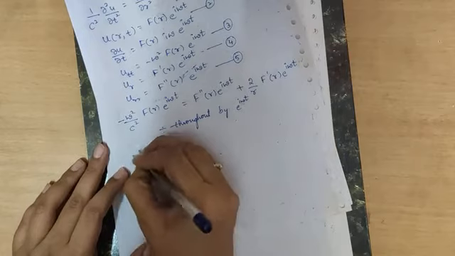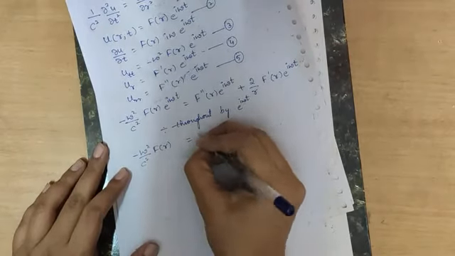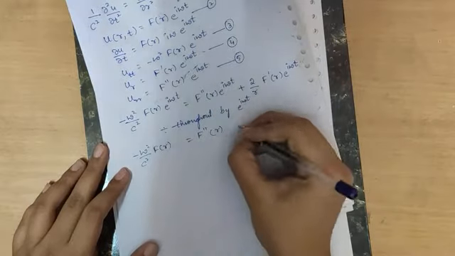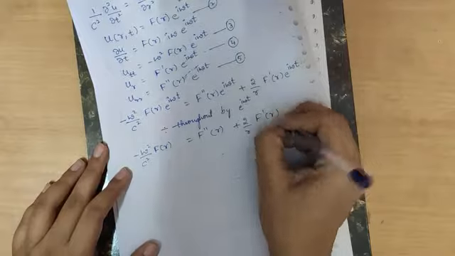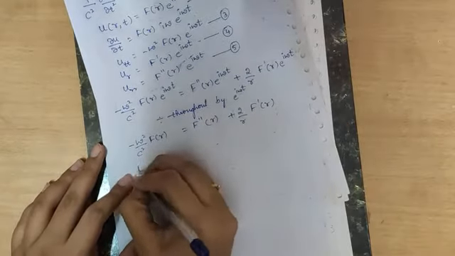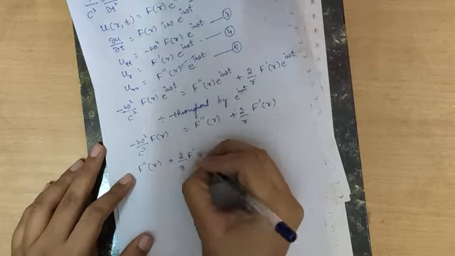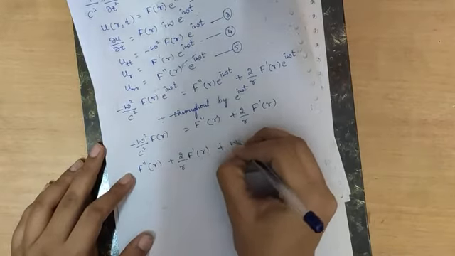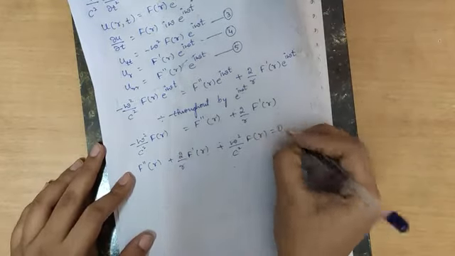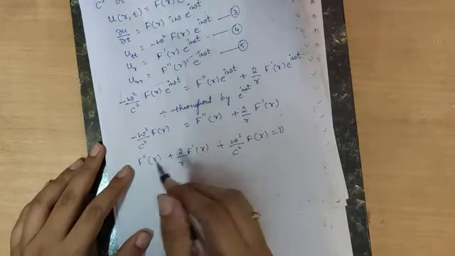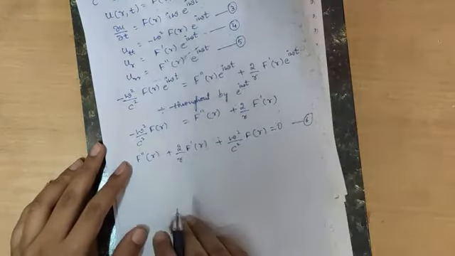So you will get minus omega square by c square into f of r is equal to f double dash of r plus 2 by r into f dash of r. So I can write this equation as f double dash of r plus 2 by r into f dash of r plus omega square by c square into f of r is equal to 0. I will call this equation number 6.